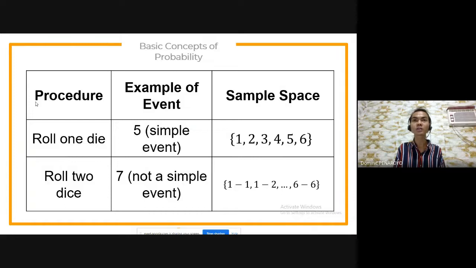So the total number of sample points is 36. In rolling 2 dice, 7 is not a simple event because it can be broken into simpler components, like 3 and 4, or 6 and 1. However, 5 cannot be broken down any further because it's already in the sample space.